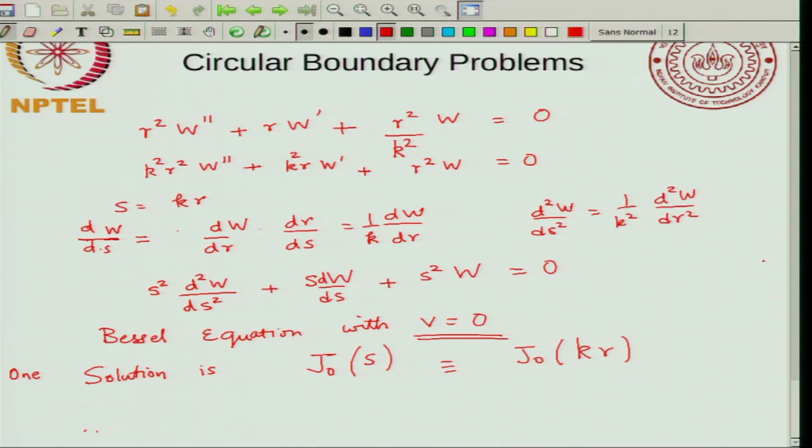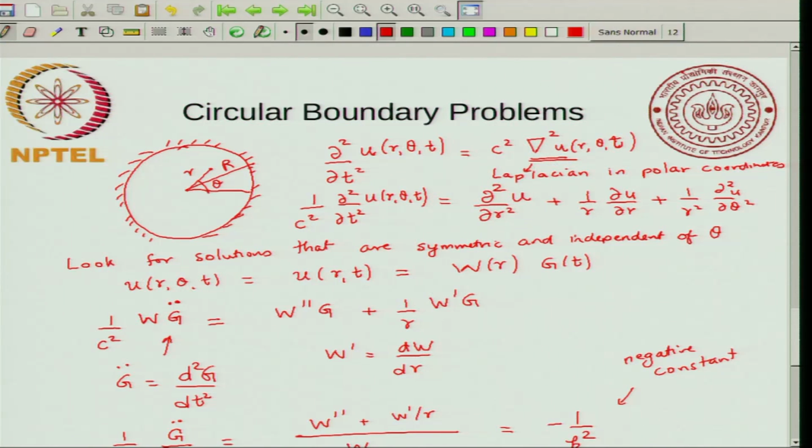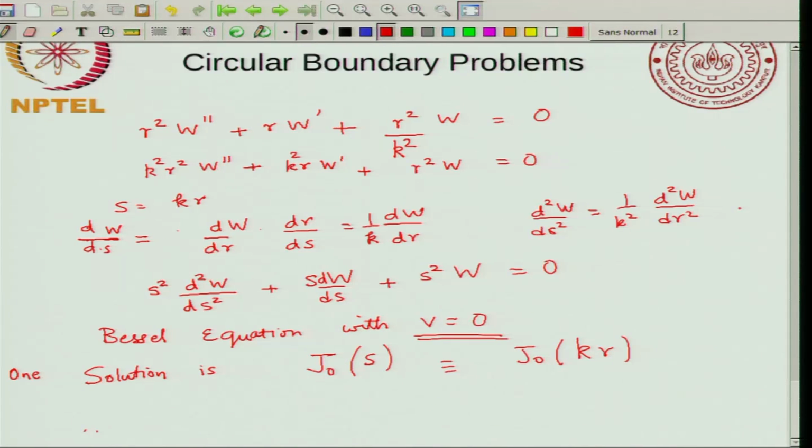Now, this appears naturally in circular boundary problems. All that we had was s square d square w by ds square, s dw by ds, and this third term. Even if we had started with a problem that had a theta dependence, you would just get an additional term, but you would still be able to express it in terms of Bessel functions.